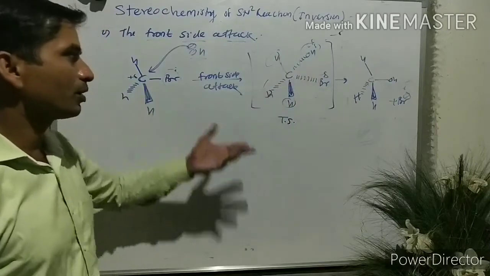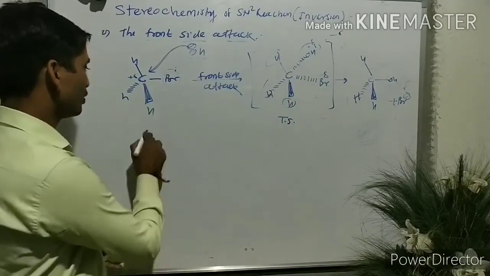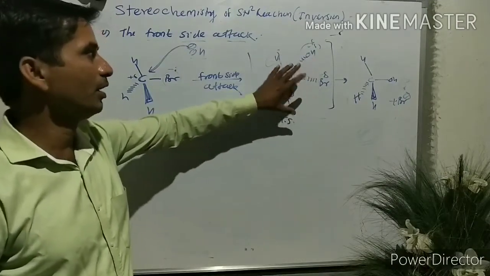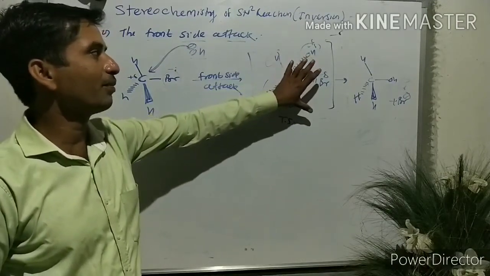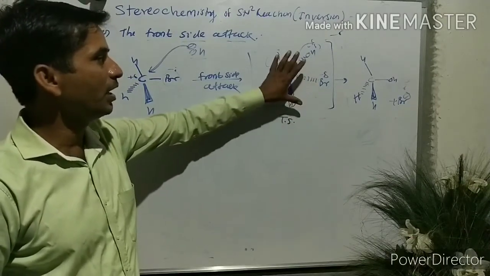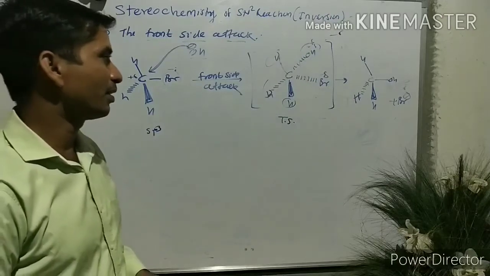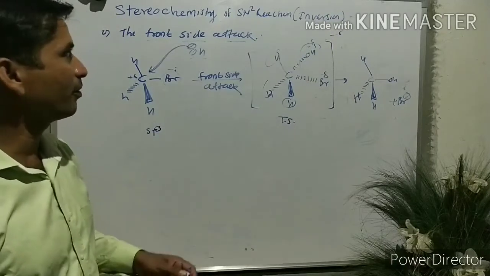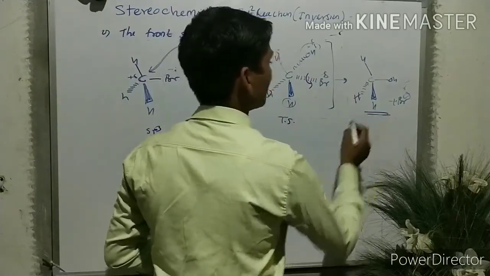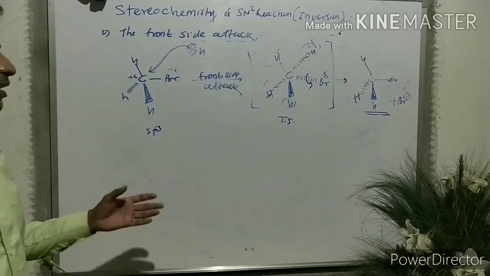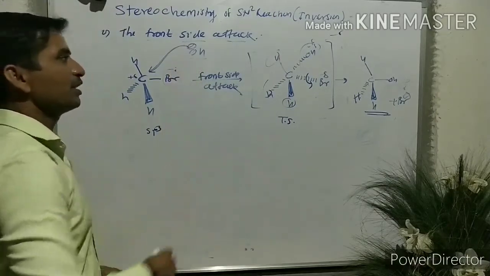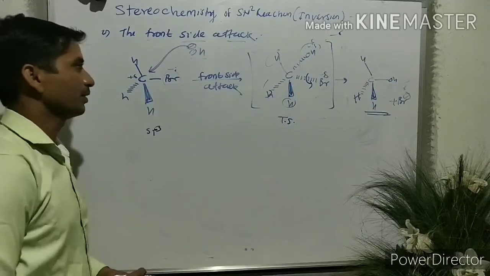Also, there is no change in hybridization, because it remains sp3. So the activation energy for this transition state is very high. This possibility is very unlikely in the SN2 reaction. After departure of the leaving group, the product is formed, but this possibility is very rare in the SN2 reaction because of steric repulsion between the nucleophile and the leaving group.